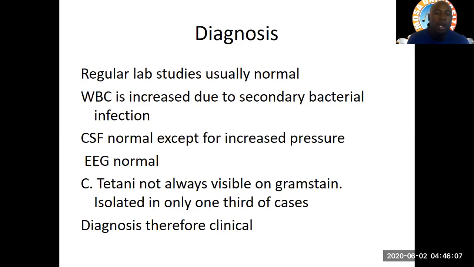If we do a CSF spinal fluid test, there is nothing much elicited apart from an increased CSF pressure. We can also do an EEG, and most of the time you find that it is normal. The tetanus organism is not always visible on gram staining, except in a few cases where you can make an isolation.